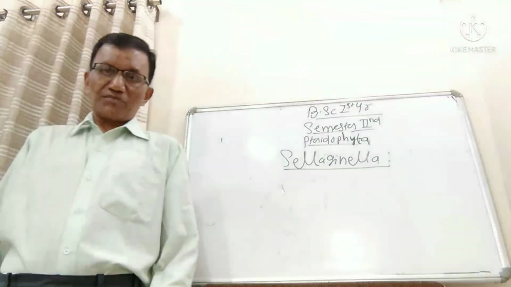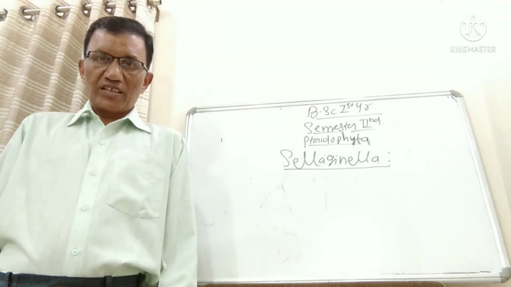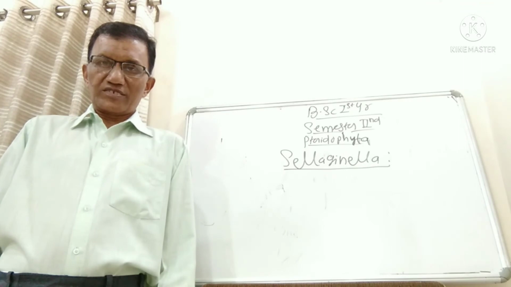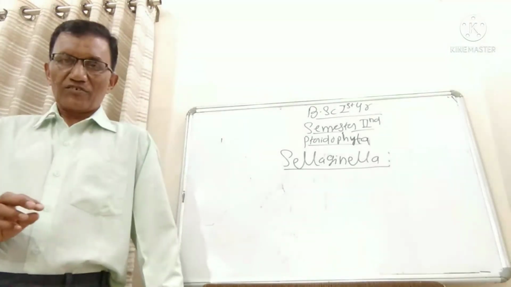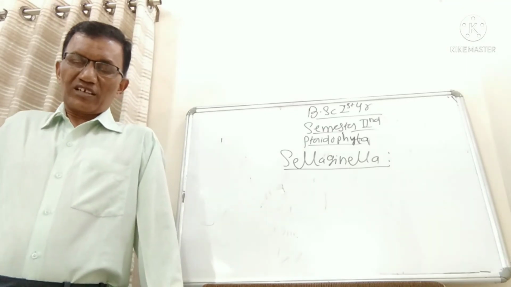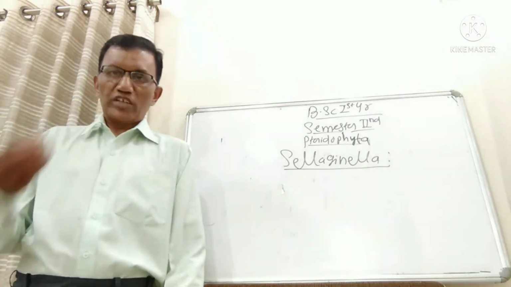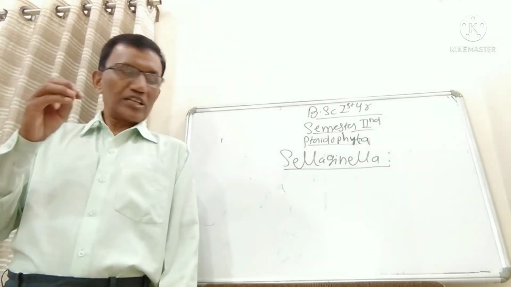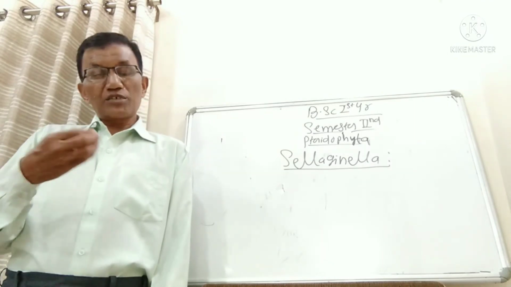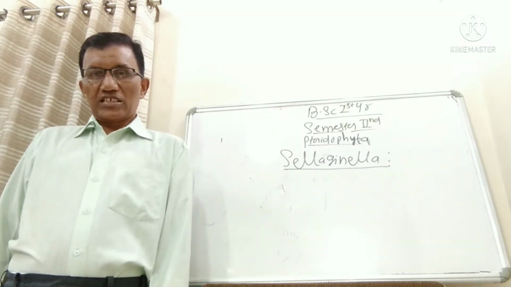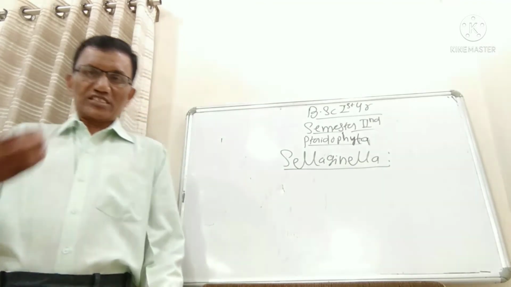For example, in MCQs, just remember there will be a question whether the species of Selaginella have ligules or not. Then another important point is their locality, xerophytic in nature.